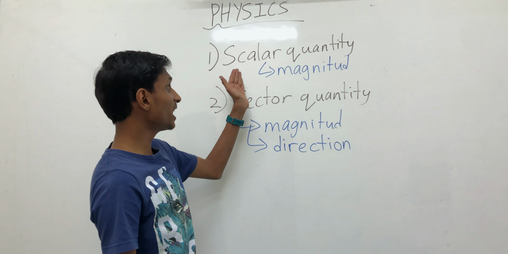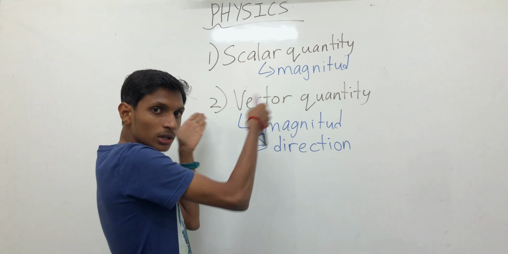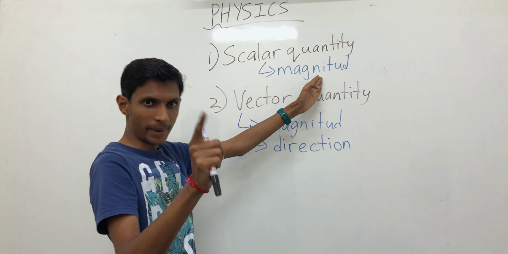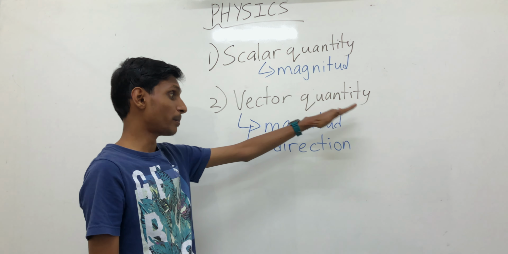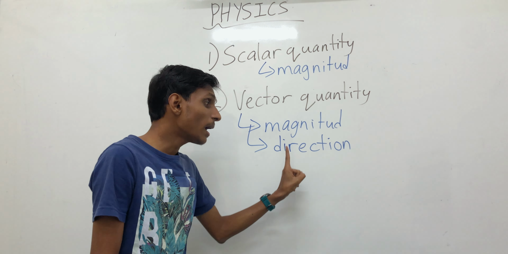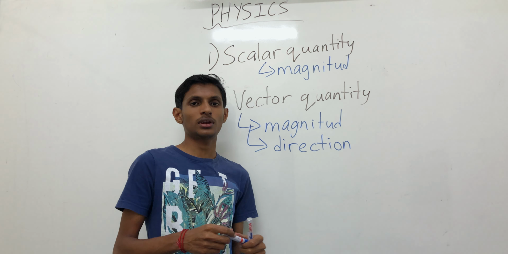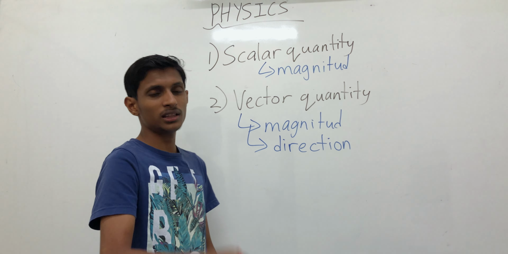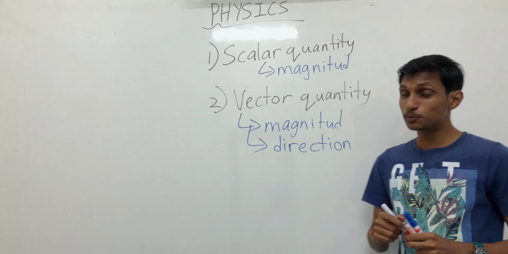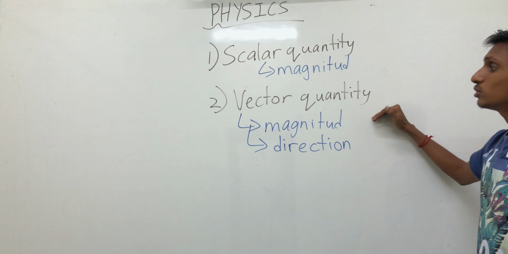So scalar quantities only have magnitude. Vector quantities have magnitude together with direction. Let's take a look at examples of scalar and vector quantities. In your textbook, there are 10 examples for scalar quantity, and 5 examples for vector quantity.